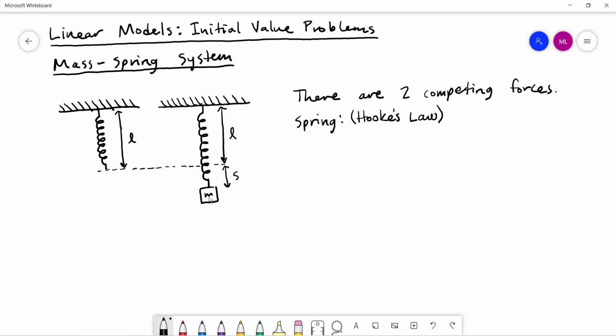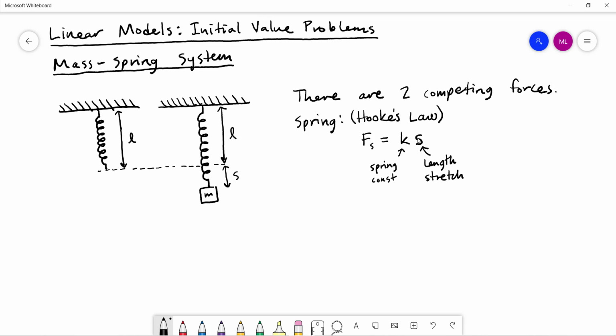Hooke's law says that the force of a spring, which I'll denote with a subscript S, is proportional to the amount of stretch in that spring, so how much you've stretched it. This is called the spring constant, the value K here, and S is a distance.